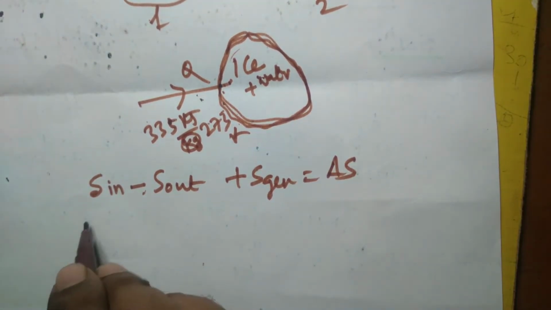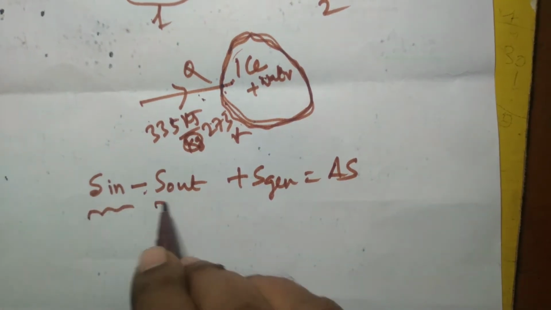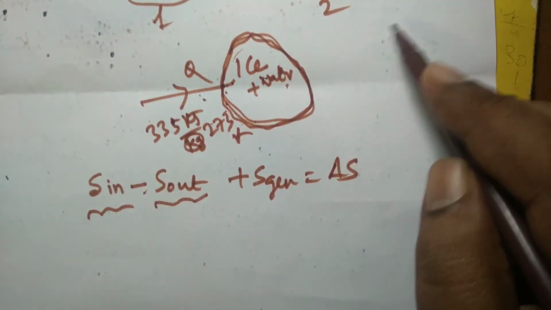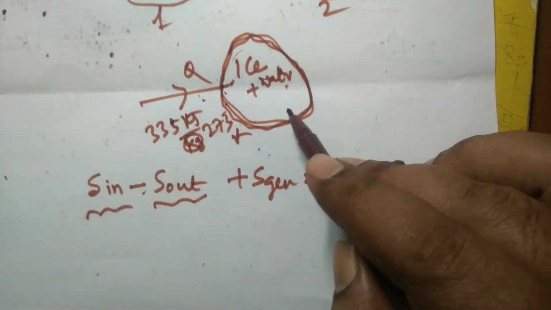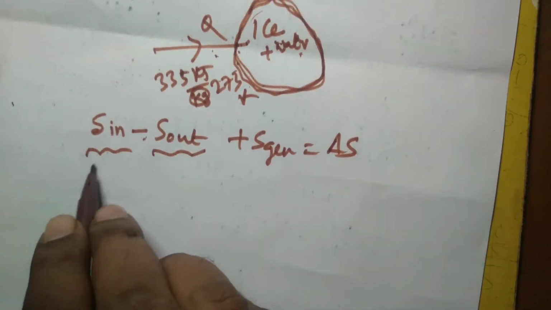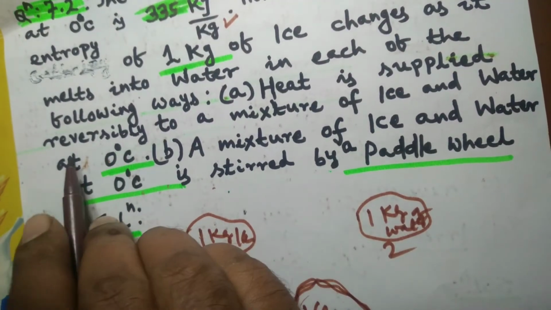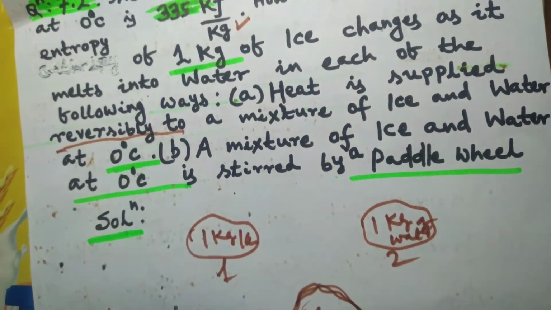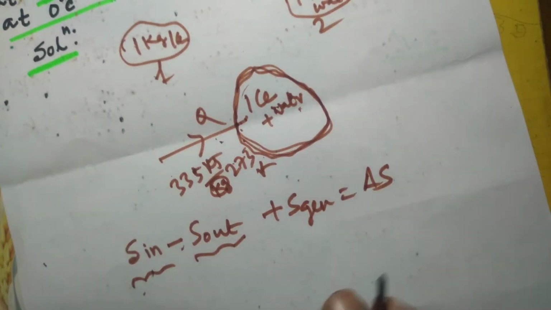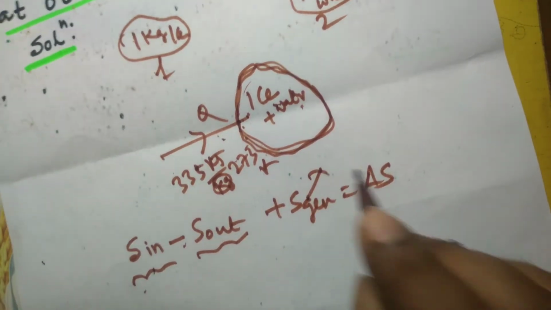So S in is of course there, but no S out, because neither mass is leaving, nor any heat is leaving. So S in, and it is clearly given that heat is supplied reversibly. So in case of a reversible process, there is no entropy generation.